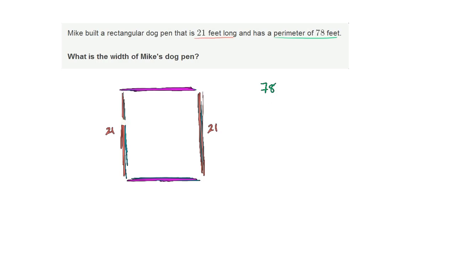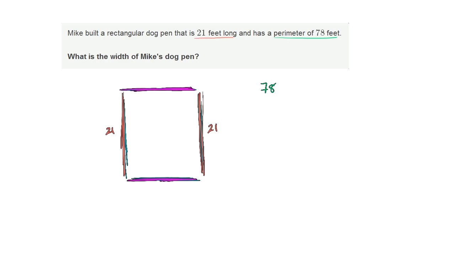If we added this distance, 21 feet, to the width, plus 21 feet to the width again, we're going to get to 78 feet. So one way to back into what the width is, if we sum up all of these lengths, we're going to get 78 feet. So let's at least subtract these two orange lengths, the two 21 feet, from the 78 feet. And then we figure out how much length these two widths have to make up.